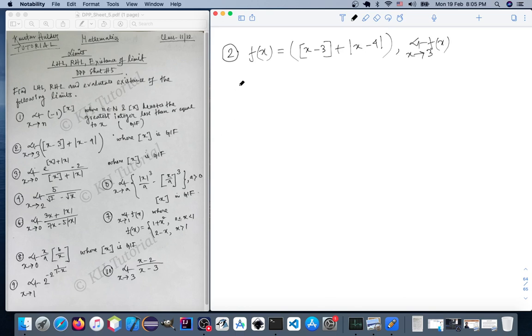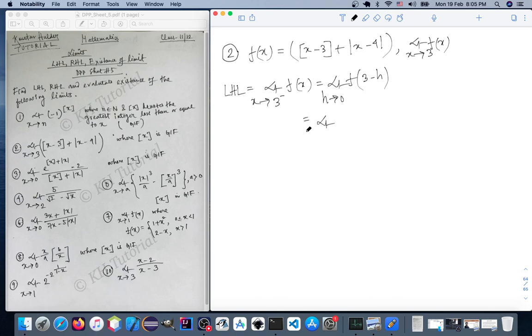So let's see what is LHL. LHL is limit x tending to 3 minus of f(x). This equals limit h tending to 0 of f(3 minus h).